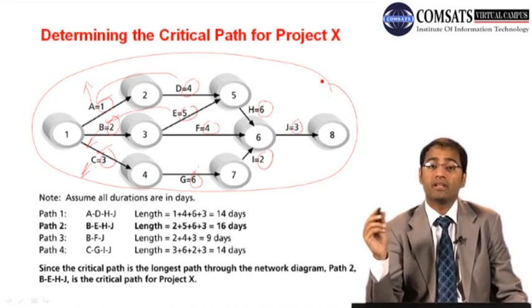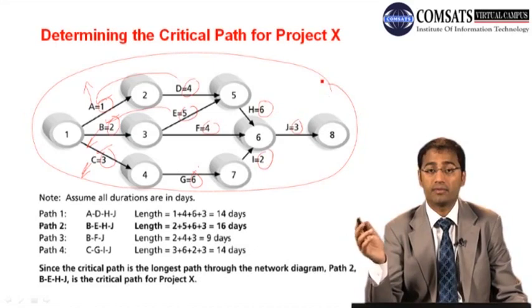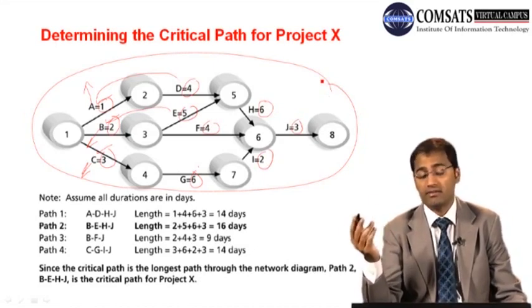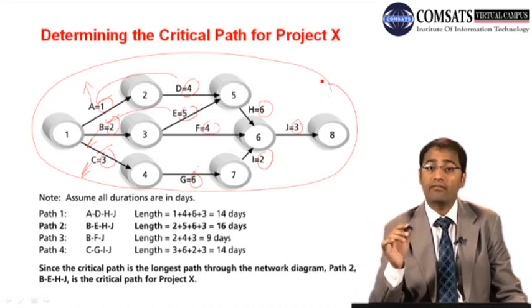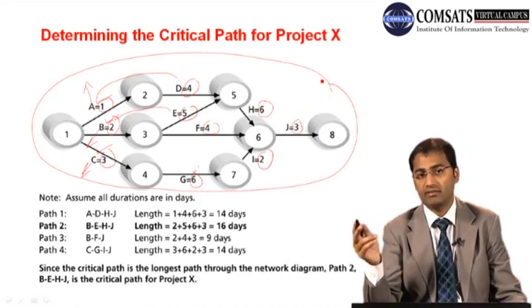Okay, so the second thing we've done is we have these relationships between the activities and the activity definition, and then we developed one very good network diagram through sequence activities.